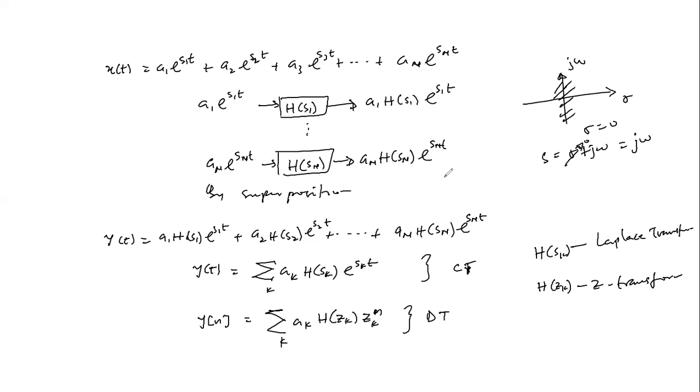So if this happens, then the Laplace transform converges to the Fourier transform, such that s tends to j omega, then e^st tends to e^j omega. So there we move from Laplace transform to Fourier transform.